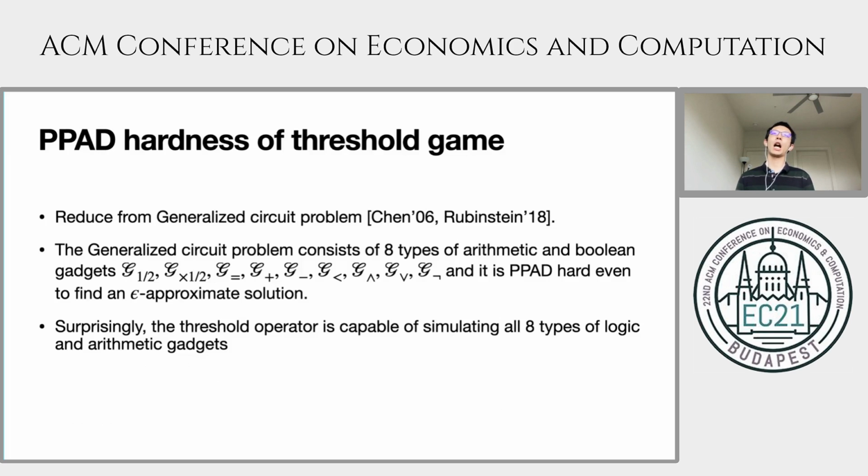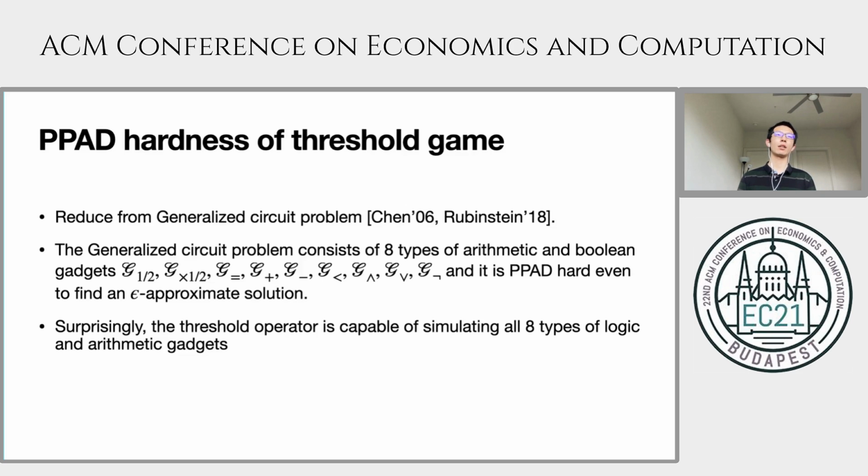We then prove the PPAD-hardness of the threshold game through a reduction from the generalized circuit problem. The generalized circuit problem was introduced by Xi Chen and Xiaotie Deng in 2006, and the result was strengthened by Aviad Rubinstein in 2018. Roughly speaking, the generalized circuit problem consists of a type of arithmetic and Boolean gadgets, including the 1/2, times 1/2, equal, plus, minus, less than, and, or, not gates.